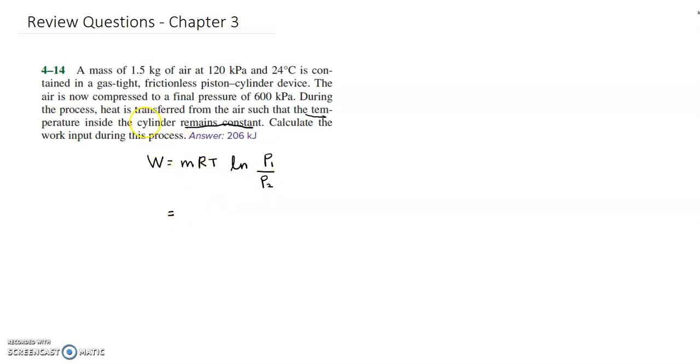So m is 1.5 kg. R, your gas constant, you have to use 0.287 kilojoule per kg Kelvin. So you have to convert this temperature to Kelvin. So you have to add 273.